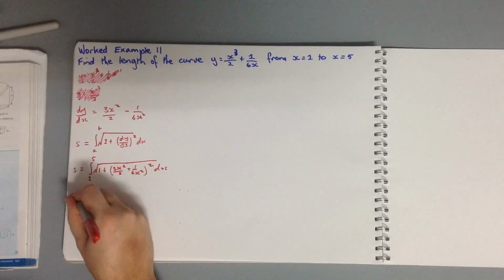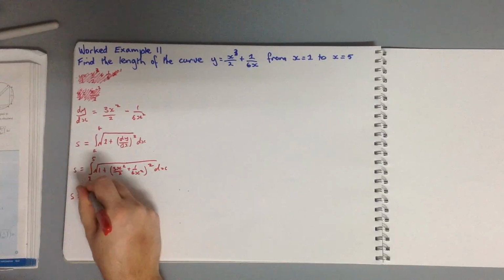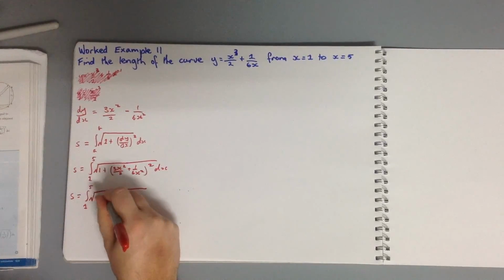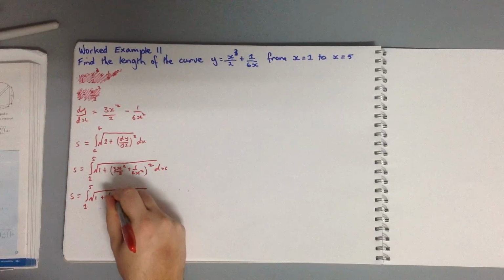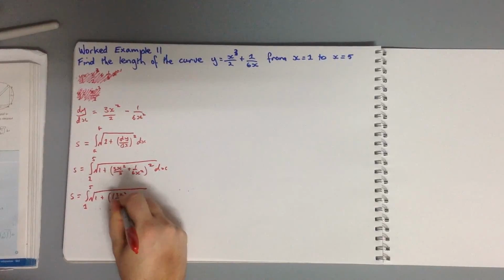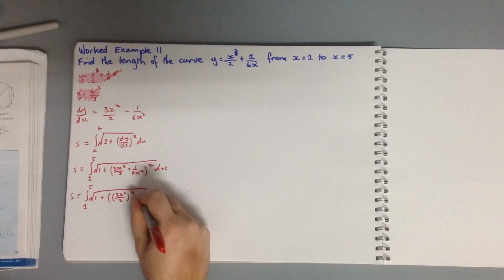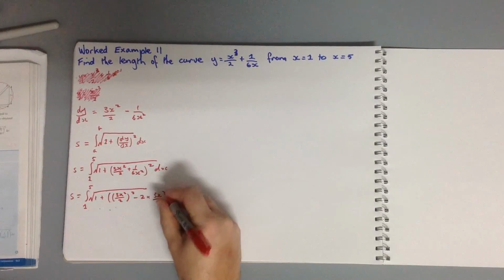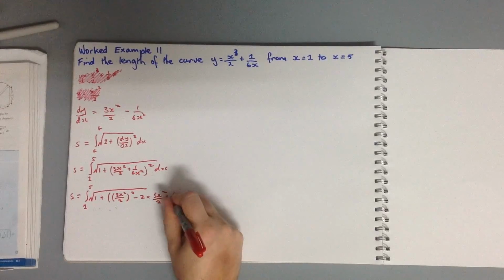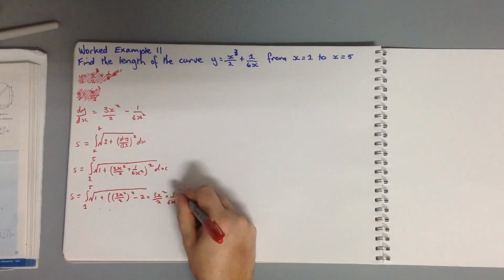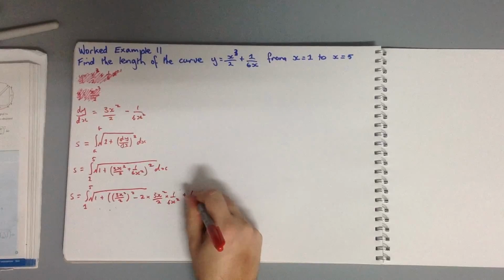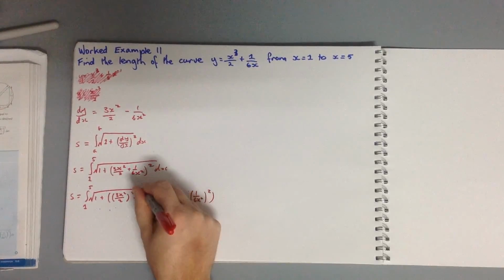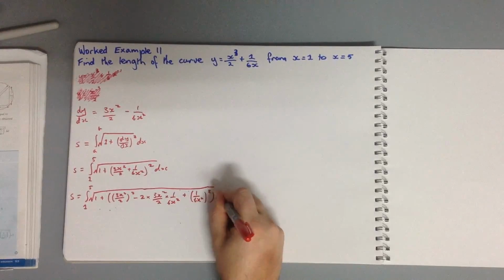Okay, what we need to do is expand our brackets out. So 1 to 5 square root of 1 plus, that'll be 3x squared on 2 squared minus 2 lots of 3x squared on 2 times 1 on 6x squared plus 1 on 6x squared squared dx.